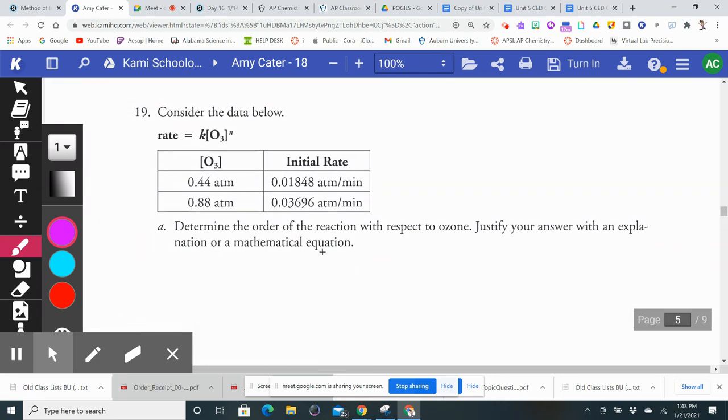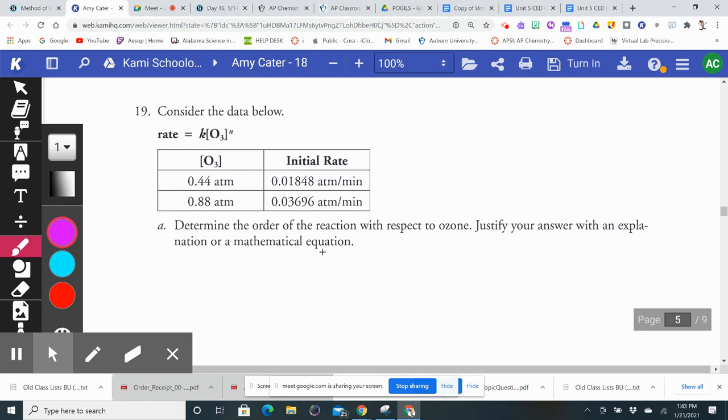So now we're getting into some actual data for an actual equation, not just made up stuff. It's the same stuff we've been building on. So here is our rate law. Rate equals k times the concentration of ozone to the nth power. You have two concentrations, and we look at their rates. Determine the order of the reaction with respect to ozone and justify your answer.